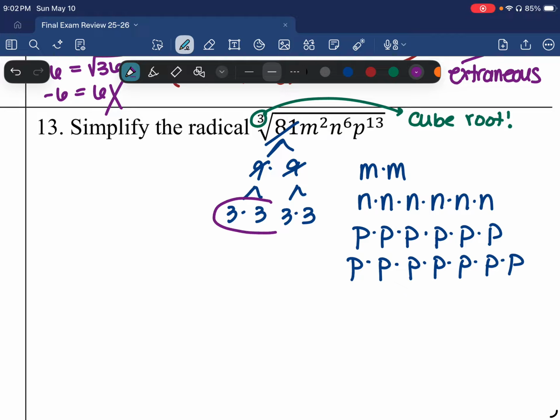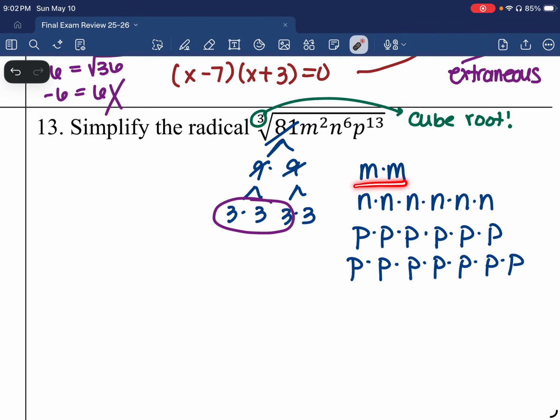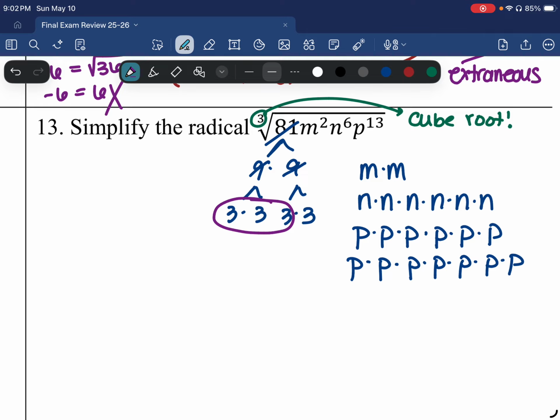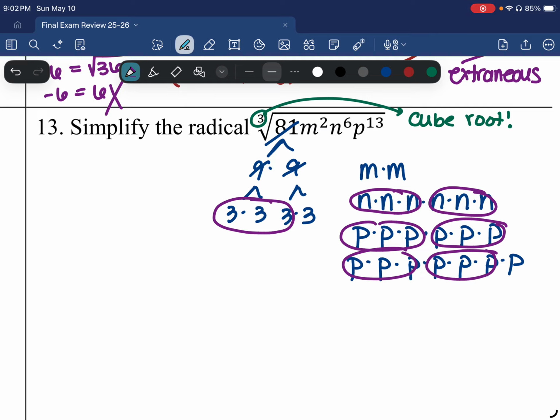So for the numbers, we have 3 threes. Now for m's, there's only 2, which means you cannot get a group of m's when you're talking about a cube root. If this was a square root, then you could group these up. But because it's cube, we have 2 singular m's without a group. N's, I can make 2 groups, and then let's see, p's, we can make 4 groups with a leftover.